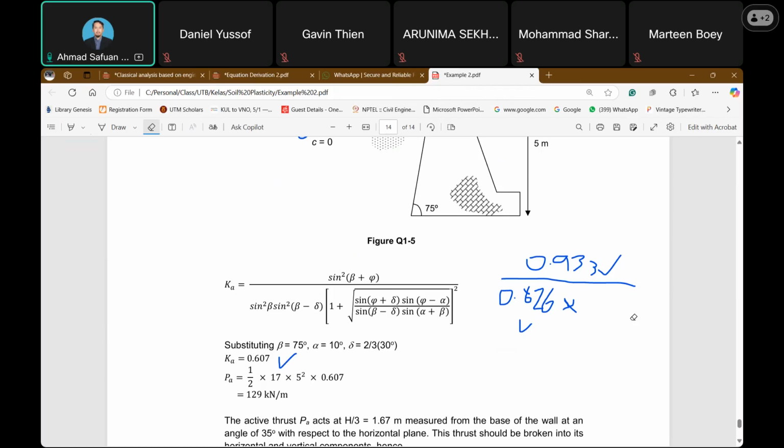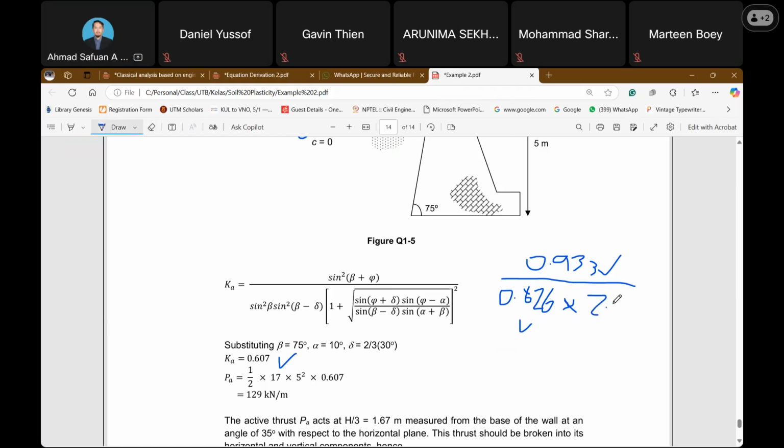Okay, sin 10 plus 75, 85. Square root 1 plus. Okay, then I get the same, 2.45.